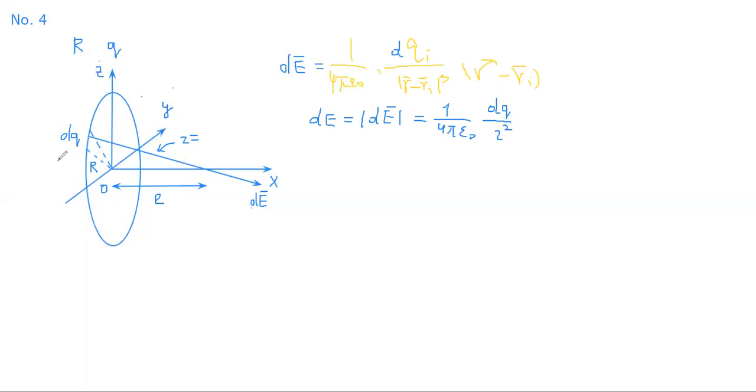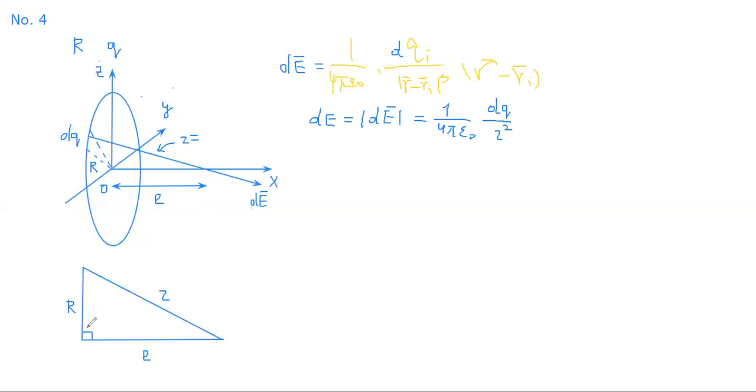Here we have a right triangle. I'll draw this separately. This right triangle with sides R, L, and little r.